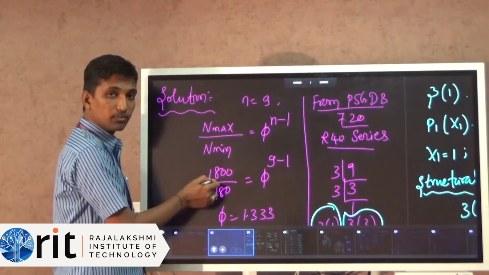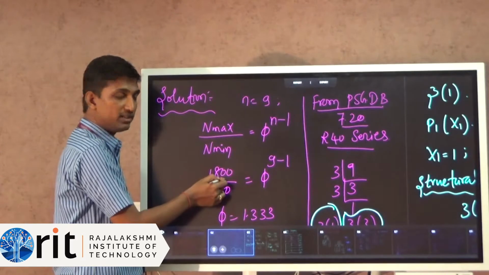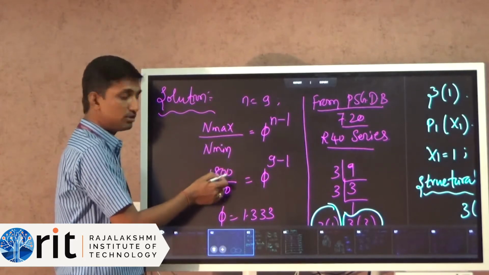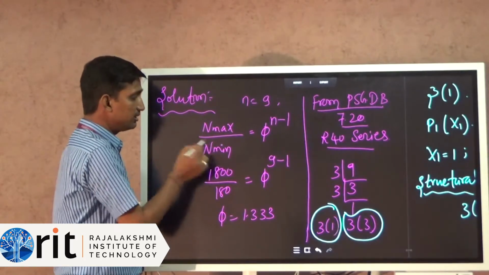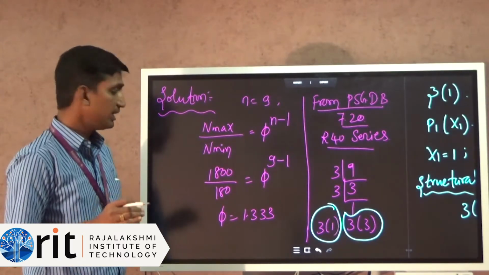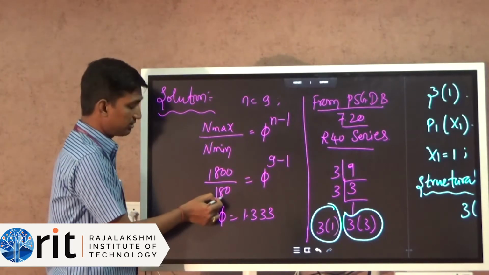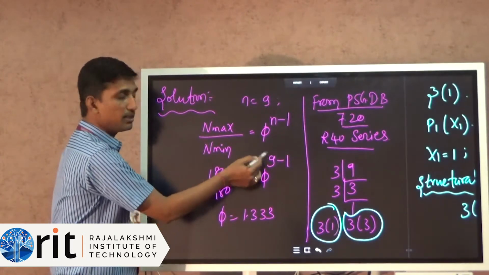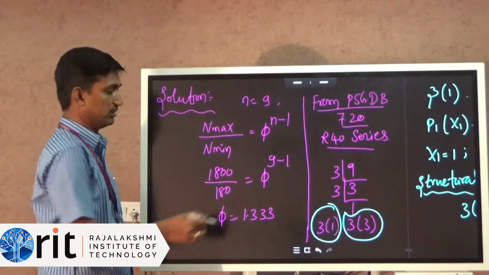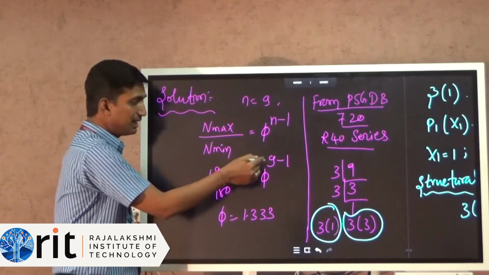Since the problem gives a maximum RPM of 1800, I substitute that value here. The minimum speed is also given as 180 RPM. Now 1800 divided by 180 equals phi power 9 minus 1. The 9 is the number of speeds, given in the problem as 9.